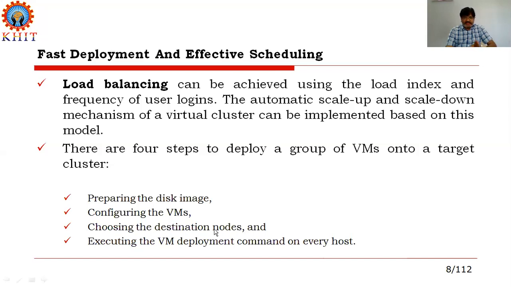Third, choosing the destination nodes. There are various nodes which are interconnected together, and which node is connected to another node, that mapping is also one of the features. Finally, executing the virtual machine deployment commands on every host. These are the 4 different steps we have to follow whenever we want to deploy a virtual machine on a target cluster.